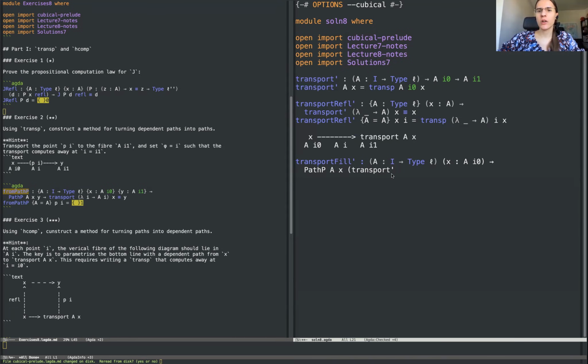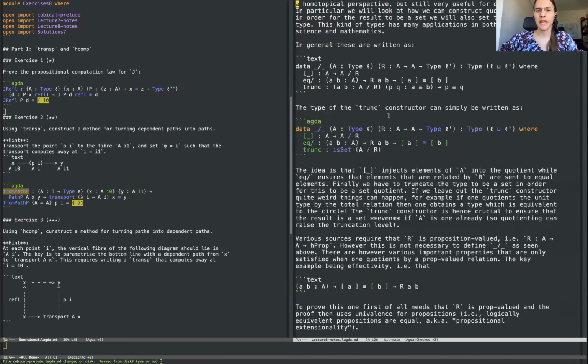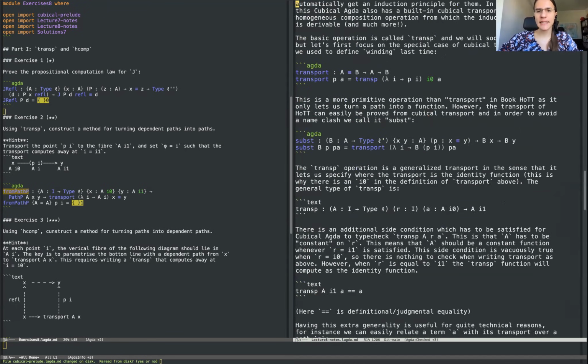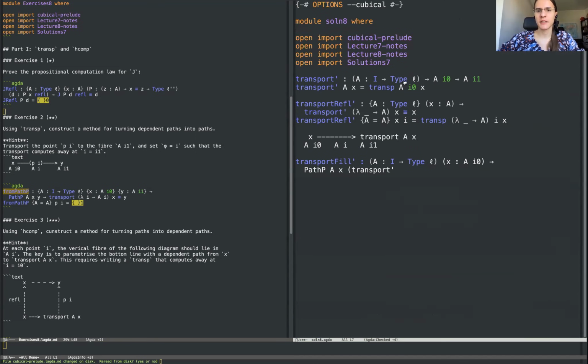Now, there is actually a difference between this version of transport and the version in the notes. The version in the notes uses an equality between types, and that might have been what prompted the question, instead of a line of types, a path of types. And that does actually change some things.